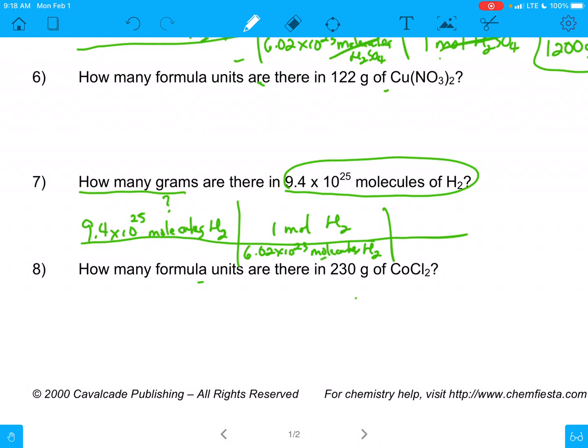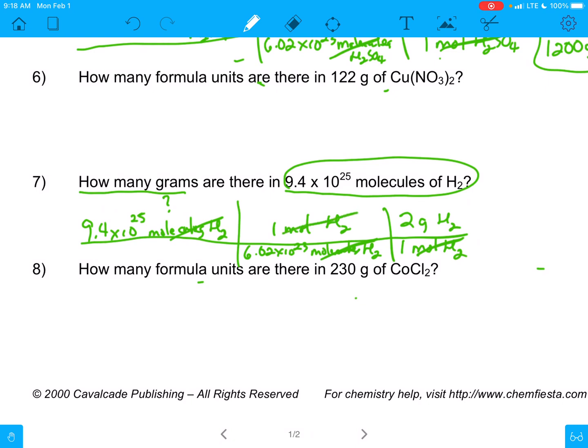Okay, so molecules canceled, and I'm left with moles. Now let's go from moles into grams. Well, I know that 1 mole of H2, or hydrogen gas, is going to have a mass of 2 grams of H2. So moles are going to cancel, and I'm left with 2 grams.